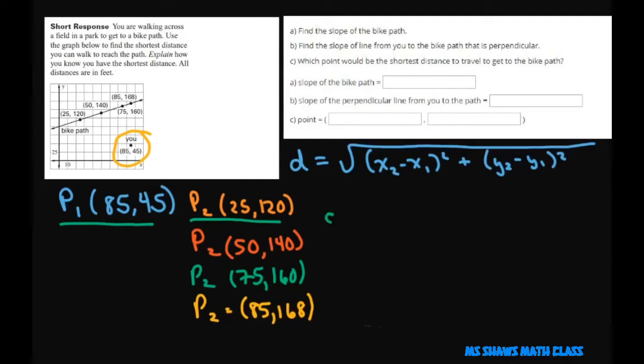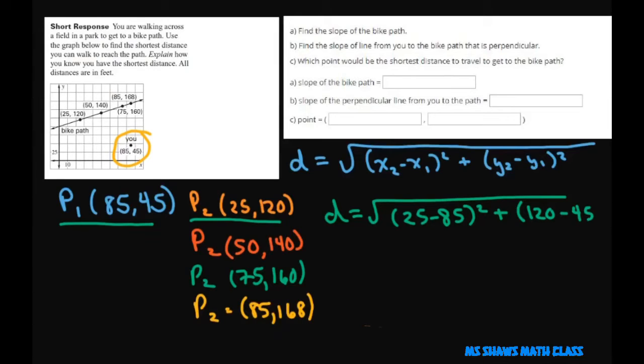So we're going to do the first distance. We'll do x's first, sorry. We're going to do 25 minus 85 squared plus 120 minus 45 squared.